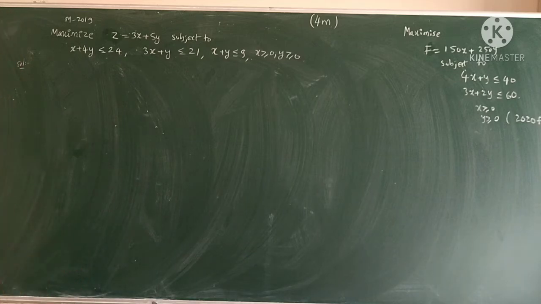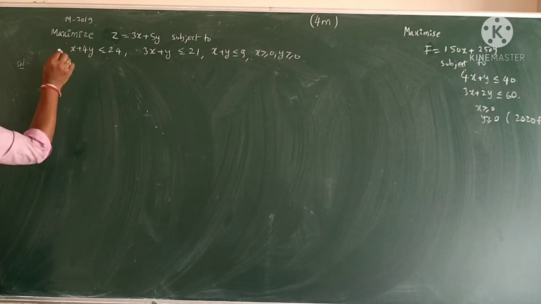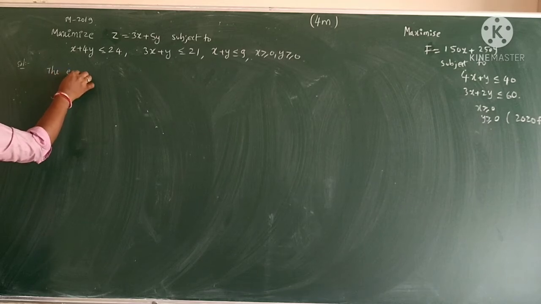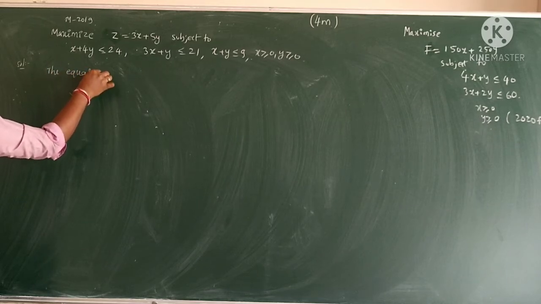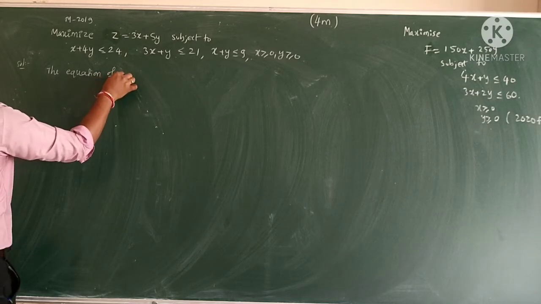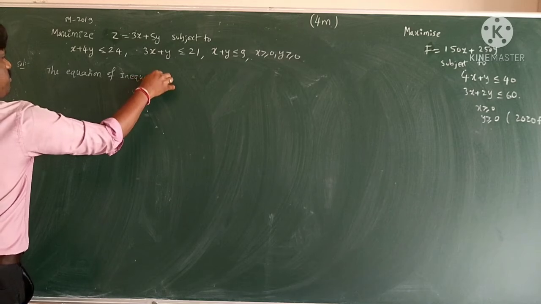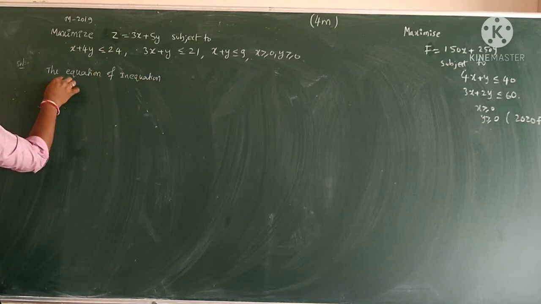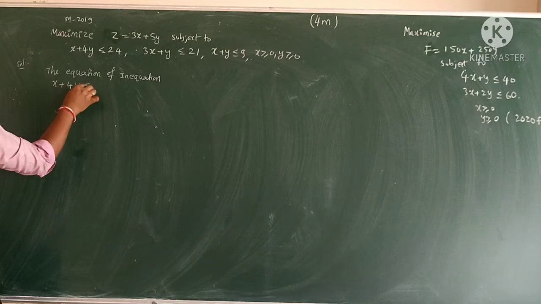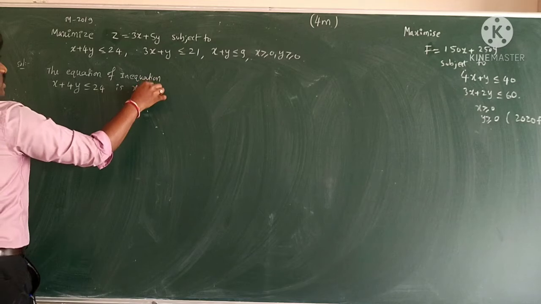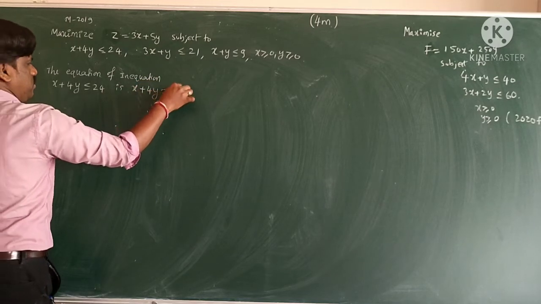So the first thing is, now this is the inequation. So first I take the inequation. What we will write here is the equation of inequation x plus 4y less than or equal to 24 is x plus 4y is equal to 24.